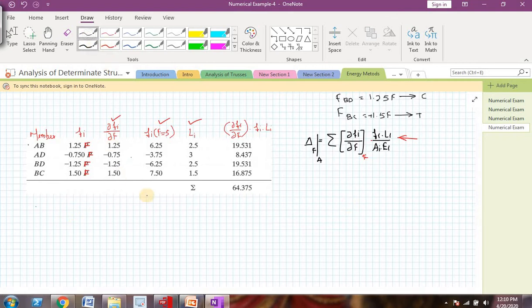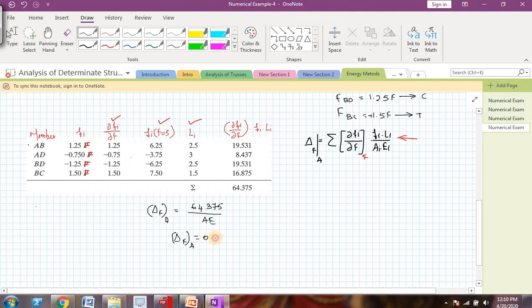Now if I want to find the value of delta F, that is the deflection at A, it should be actually 64.375, that summation, divided by AE. A and E values are already known to us. We can substitute the values of A and E. When I substitute, I will get the value of delta at A as 0.536 millimeters downwards.